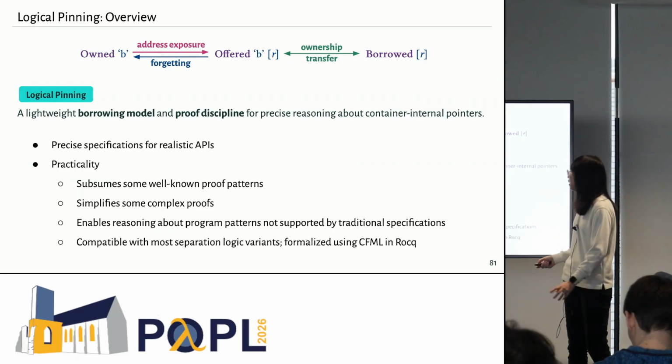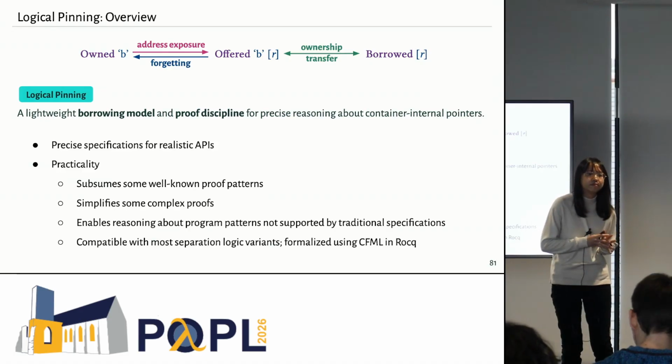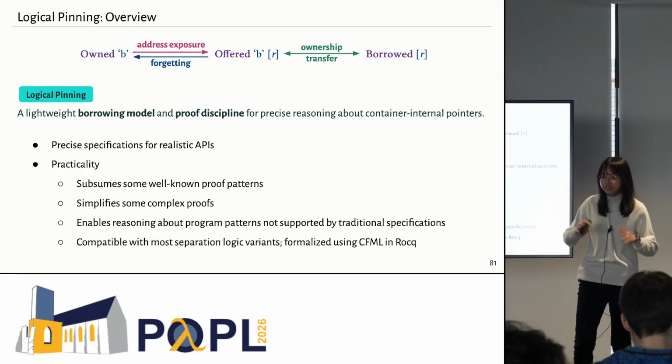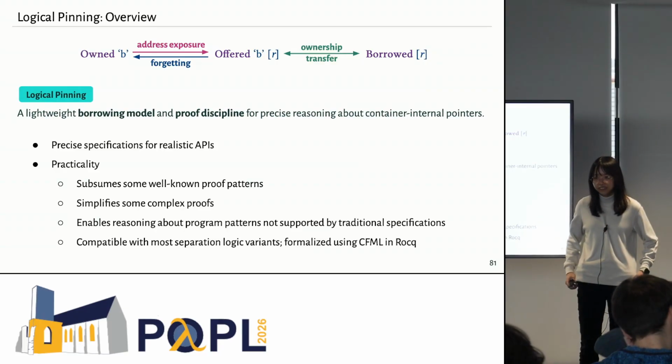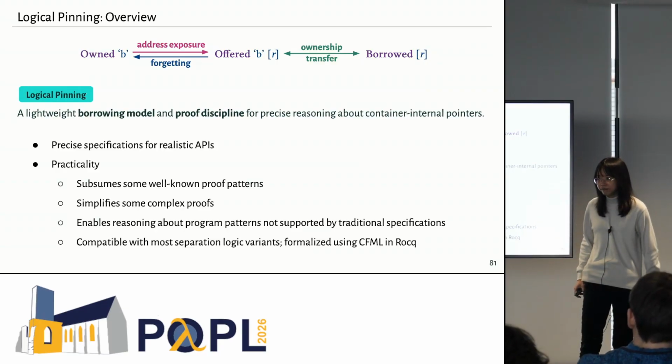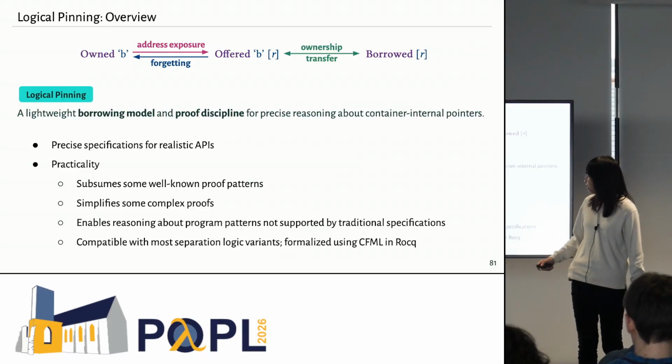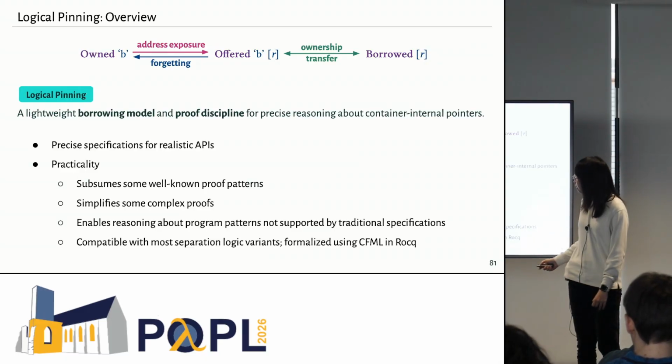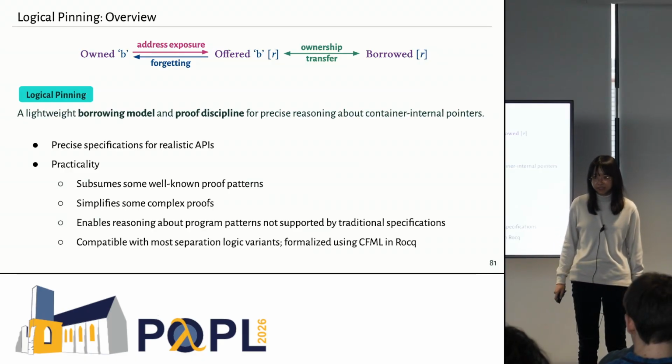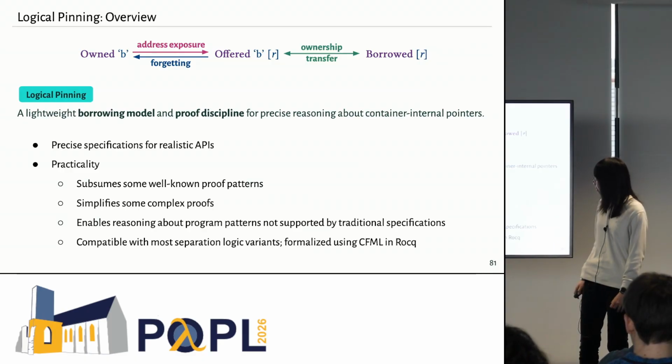And we show logical pinning is compatible with most separation logic variants. You only need to change the way to write specifications and representation predicates. And we formalize the borrowing model and all of our results in one of the separation logic frameworks called CFML in Coq.